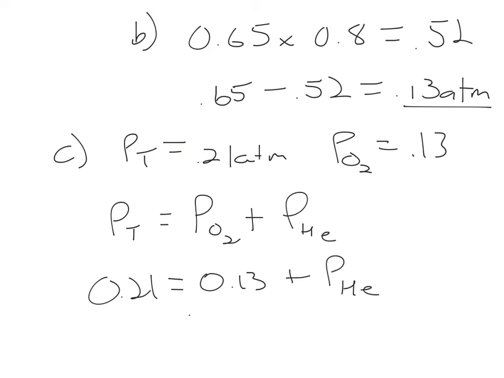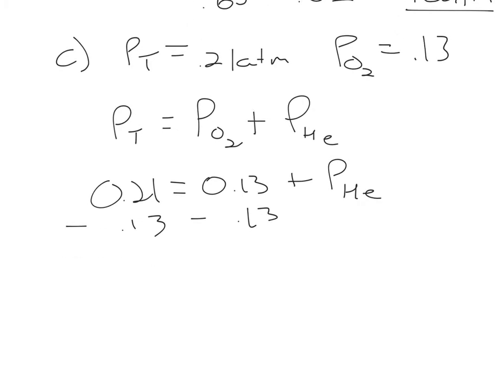So if I subtract the 0.13 from both sides, I get something like 0.80 atmospheres is the partial pressure of helium. No, I did that wrong. 0.08. Okay. 0.08 atmospheres of helium remain in the tank.